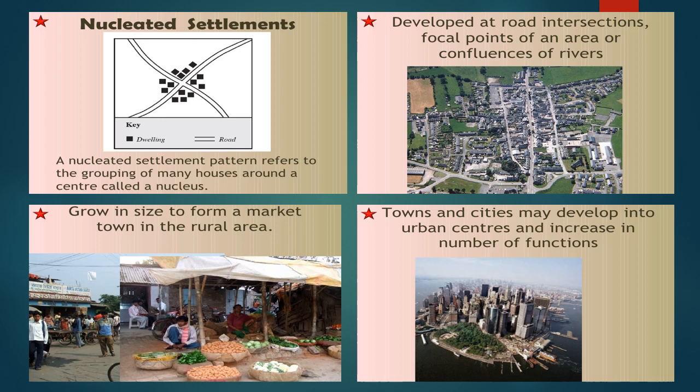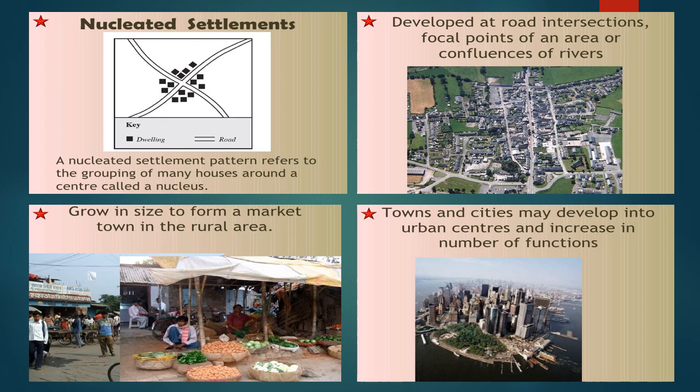Now let's know more about each settlement. Let's start with the nucleated settlements. You can see how it is shown on topographical maps: the houses are clustered or grouped together. A nucleated settlement pattern refers to the grouping of many houses around a center called a nucleus.